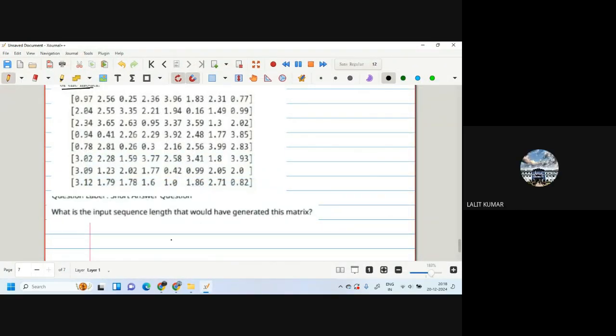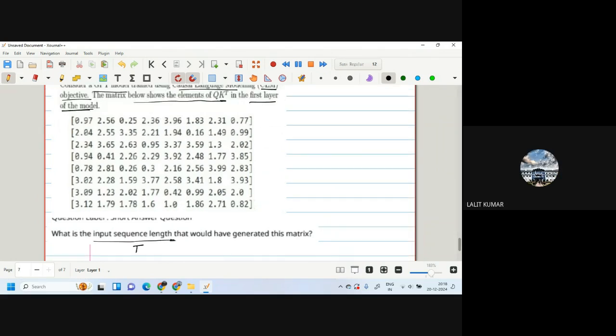So if they are asking for T, we know the dimension of this QK^T is T into T. Q is T into D and K^T is D into T, so we get T into T. So straight away from here we can get 8, because this is an 8 into 8 matrix. Is that okay?